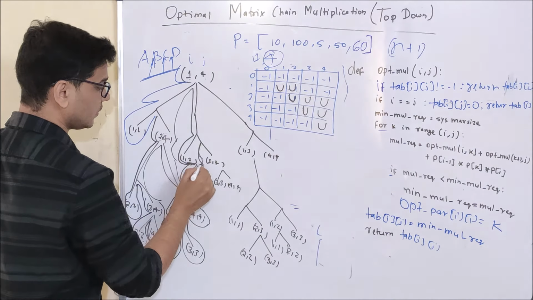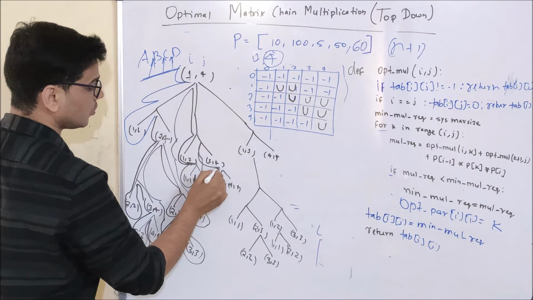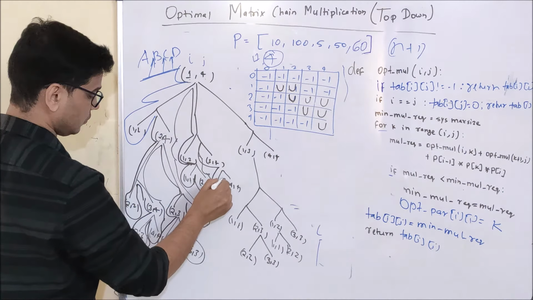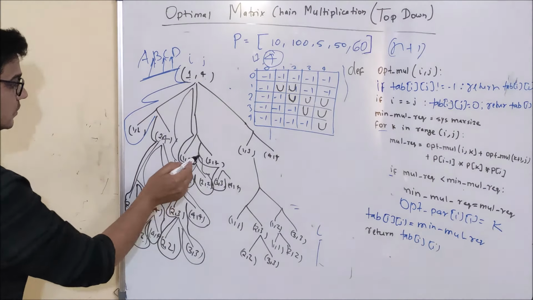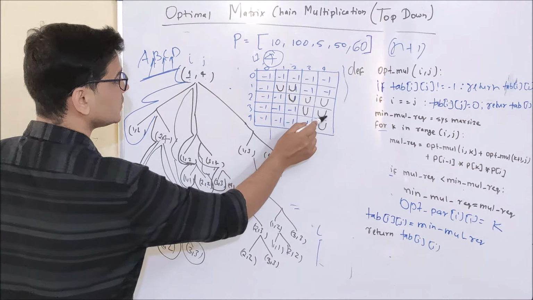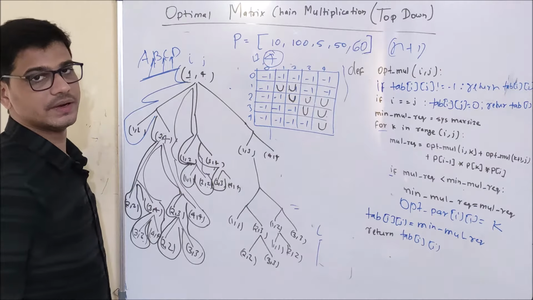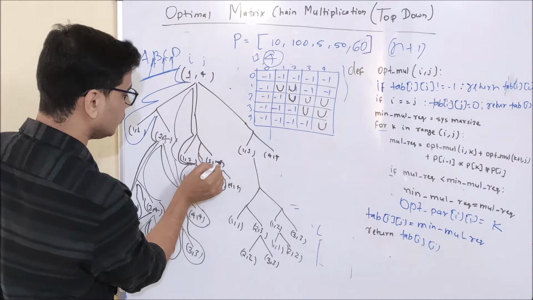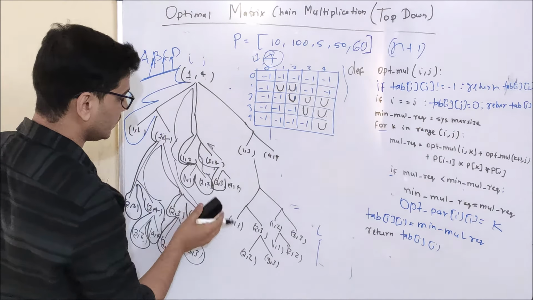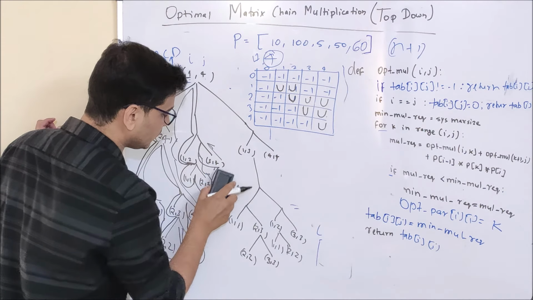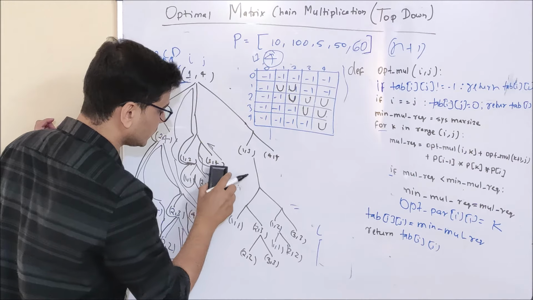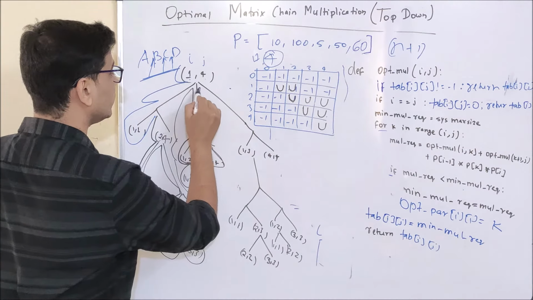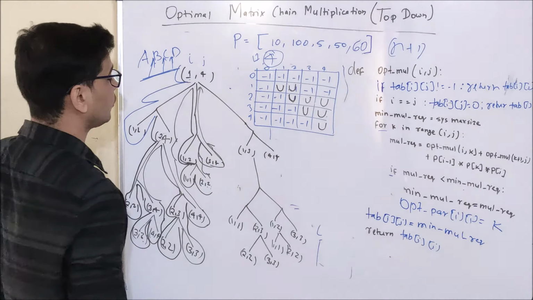And after 1 comma 2, 3 comma 4 will be called. Okay, and 3 comma 4 will first check in this particular table whether the value is updated or not. So as you can see here, the value is updated. So it will directly return its value from here, and this function call will not be made. Okay, these function calls will not be made, and it will return its answer to 1 comma 4.